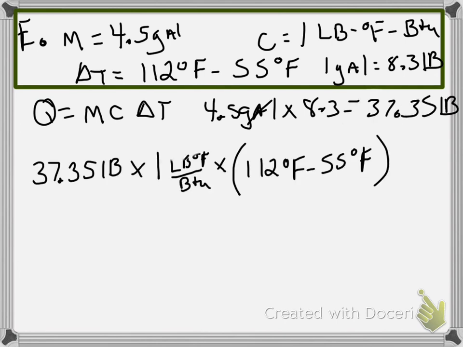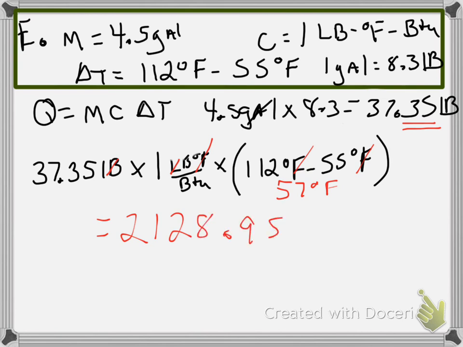Alright, so now that I converted this to pounds, I can plug it all in my equation of 37.35 pounds times 1 BTU per pound degree Fahrenheit times the change in temperature of 112 minus 55, that's 57 degrees Fahrenheit. And pounds, pounds crosses out, and Fahrenheit, Fahrenheit crosses out. My answer will be in BTUs, 2128.95 BTU. Final answer.